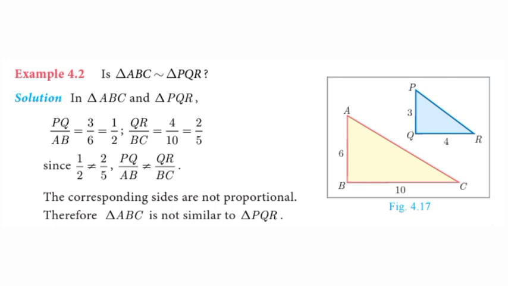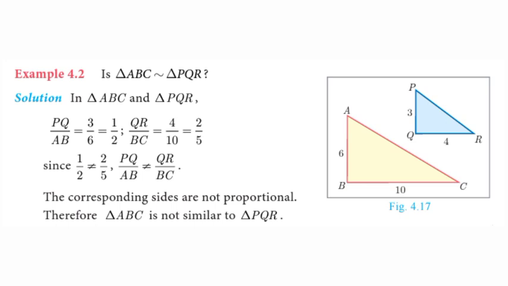The corresponding sides AB and PQ, therefore PQ divided by AB. What is PQ value? Yes, that is 3. AB value is 6. So cancel, 1 3s are 3, 2 3s are 6. So therefore PQ divided by AB equals 1 by 2.